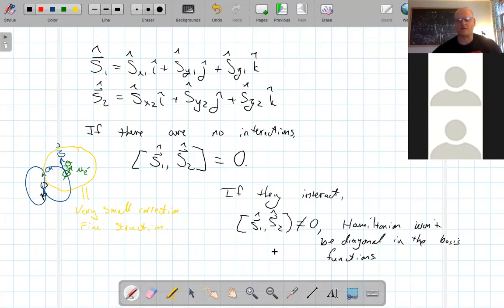So in that case, basically what we'll have to do is what we've done before, which is diagonalize the Hamiltonian and then find the basis functions which will diagonalize that Hamiltonian.